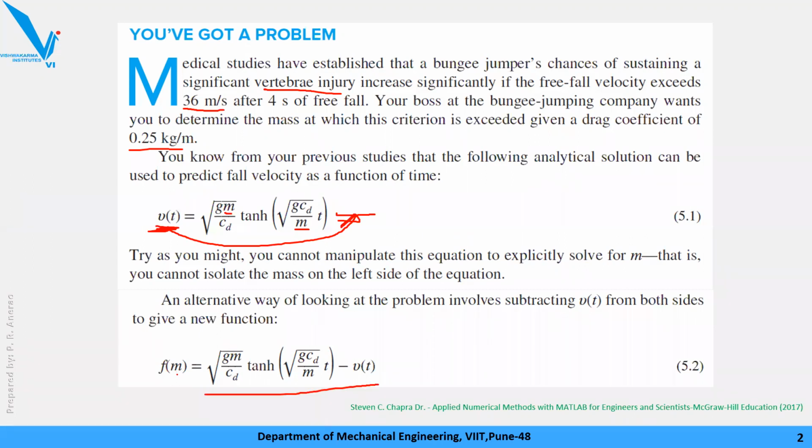Now if I equate this function of mass equal to 0, what do we have? Minus v of t taken to this side, the same equation. So somehow, if I solve this function of mass and get the value of that function equal to 0, this is nothing but a form of roots of equation.